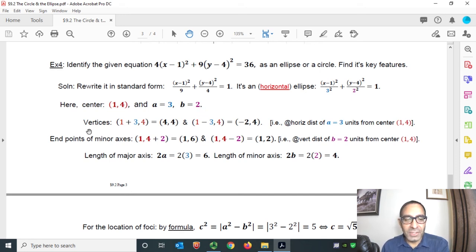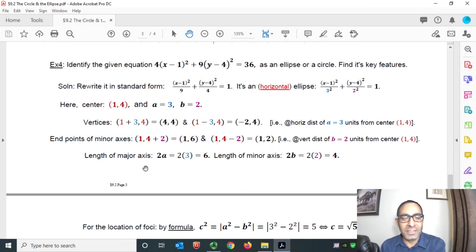Now to find the vertices, since the vertices are the endpoints of the major axis, to the x-coordinate of the center we need to add the value of A and subtract the value of A respectively. So we will get the vertices (4, 4) and (negative 2, 4). I hope this makes sense to you all. Similarly, the endpoints of the minor axis are (1, 6) and (1, 2).